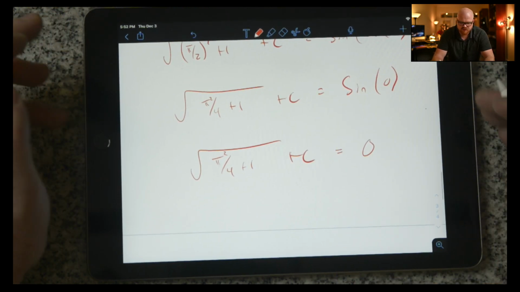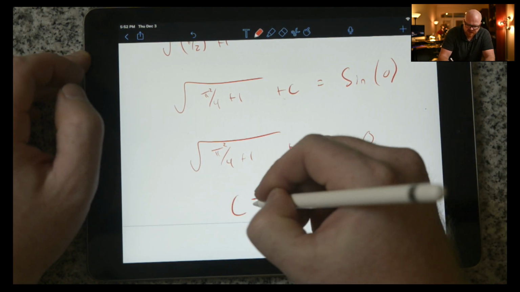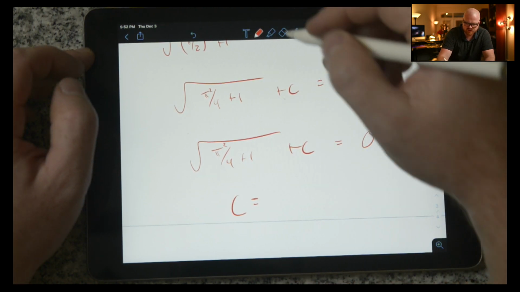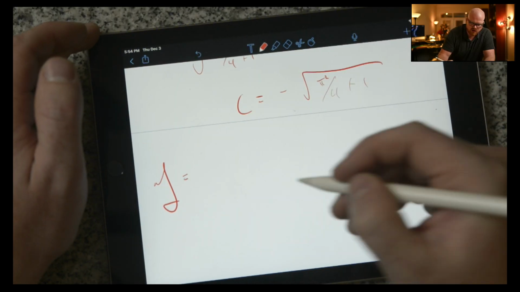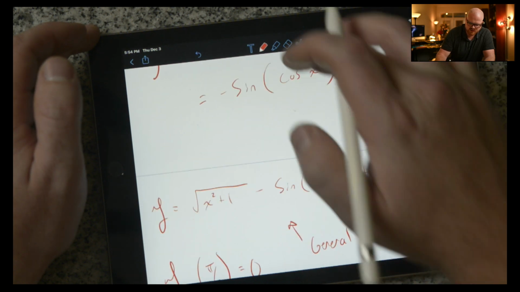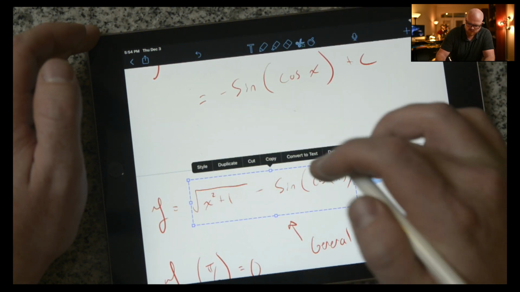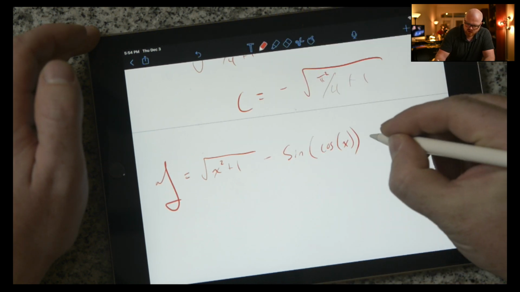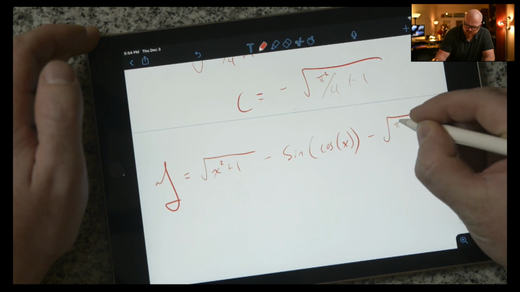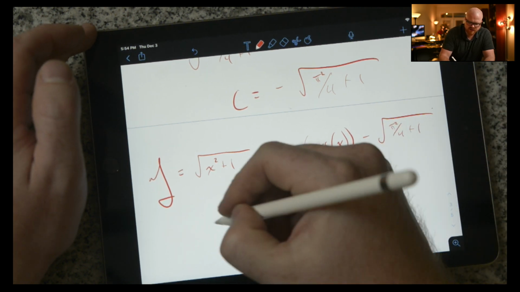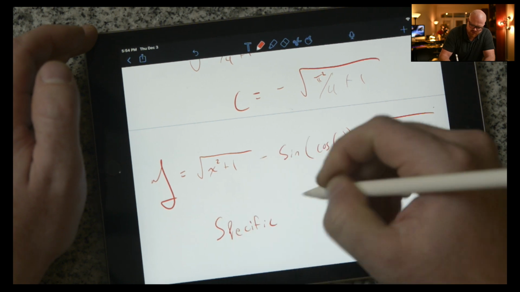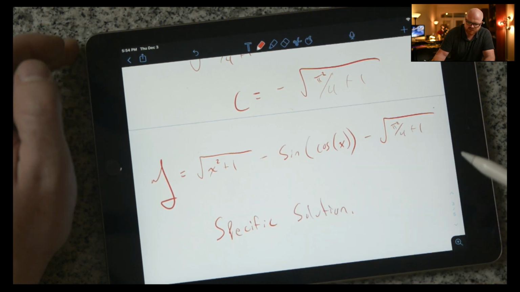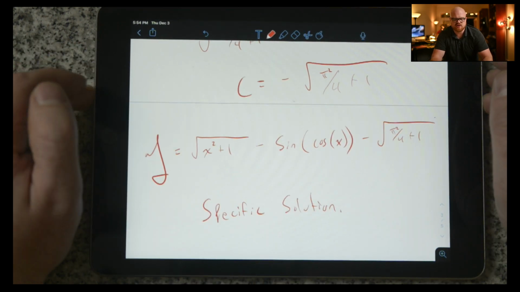So then that means c should be equal to, well, actually, we're doing too much work already. So our specific solution is y equals, and then I'm just going to copy and paste all this, minus this part here, which is the square root of pi squared over 4 plus 1. And this is what's called, again, our specific solution, because it's specific and unique to that given initial condition where y of pi over 2 equals 0.